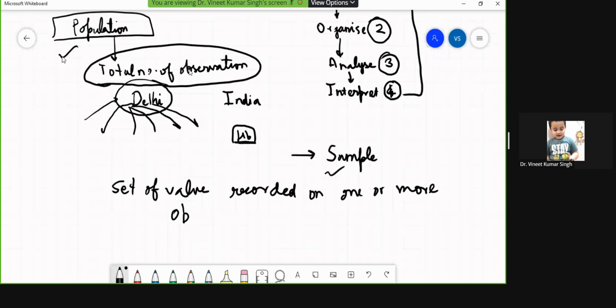Second thing is median, which is a midpoint of the data set. So in this case, first you have to arrange the data either in ascending order or descending order.